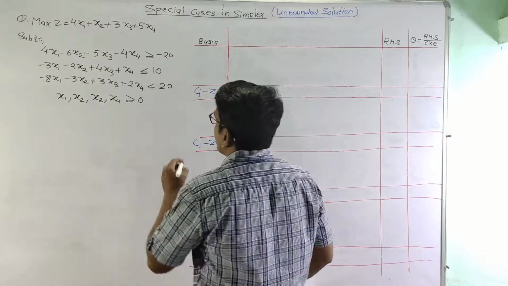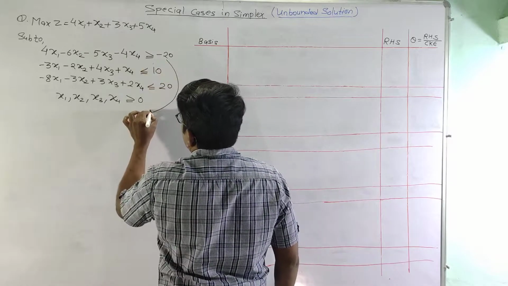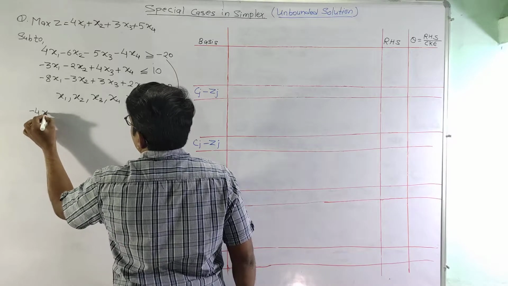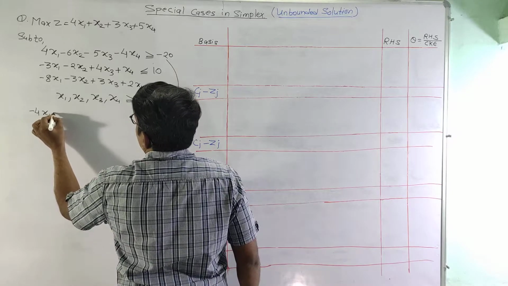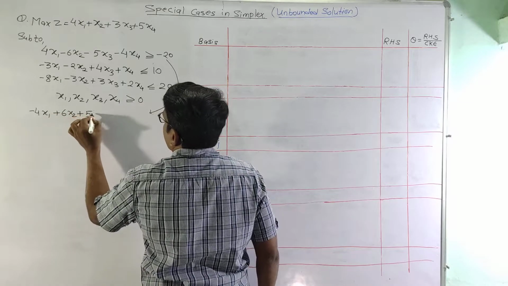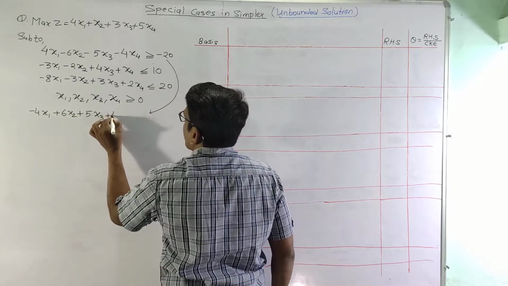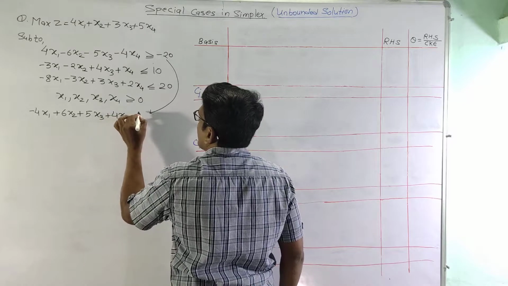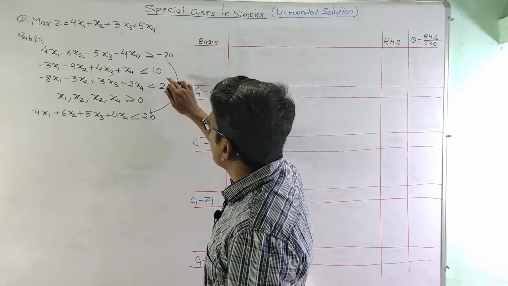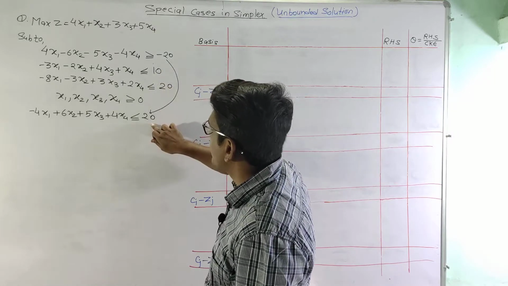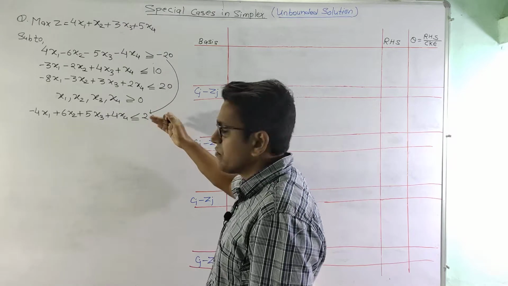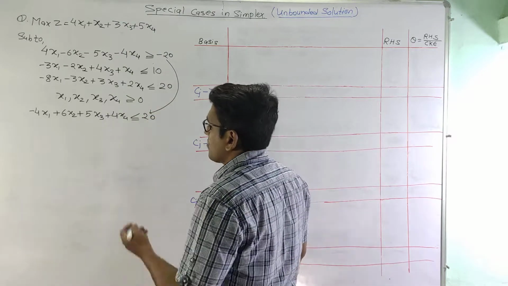So our constraint changes form as -4x1 + 6x2 + 5x3 + 4x4 <= 20. Now we have all the three constraints with right hand side value as non-negative. Now we can convert this into standard form. So let us do it.